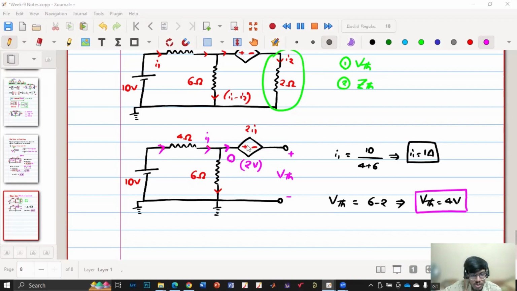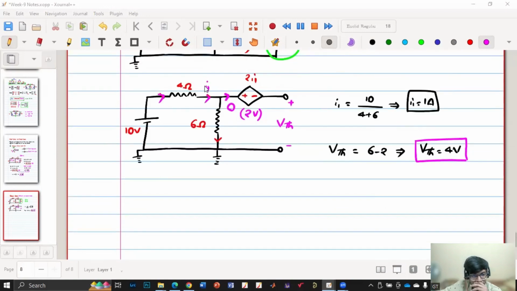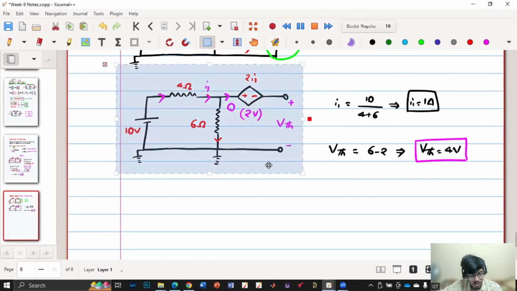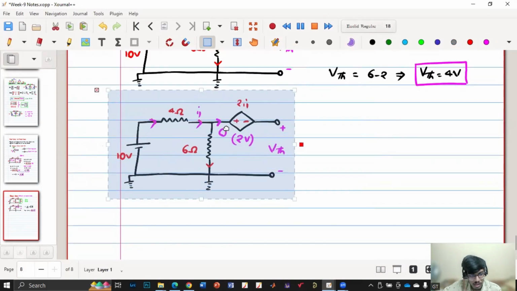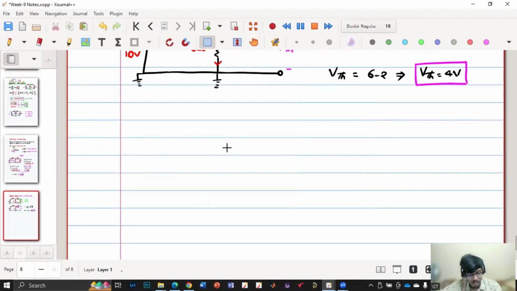They cannot be short circuited. The only way this becomes zero is when the current here becomes zero, but that current is unknown. So how to proceed with this? That is the issue with Thevenin's theorem. We'll discuss that.